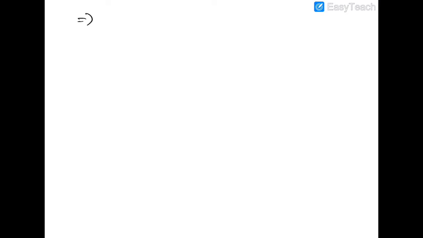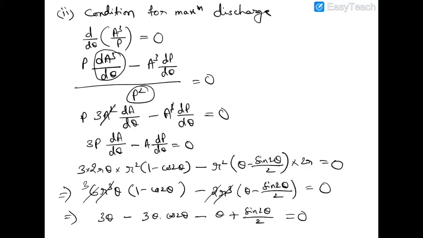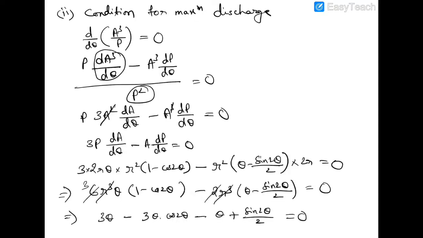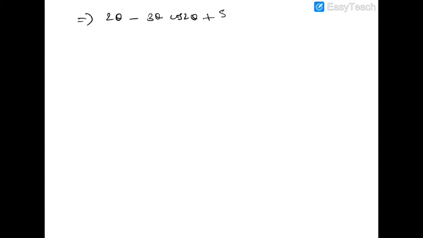Or, here 3 theta minus theta will be 2 theta, minus 3 theta cos 2 theta plus sine 2 theta divided by 2 is equal to 0.